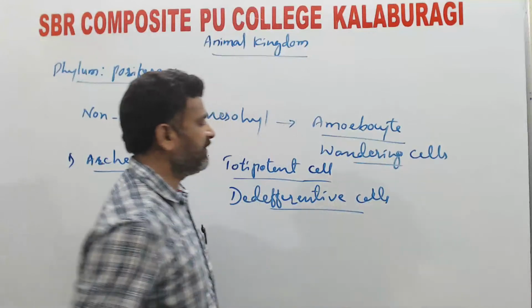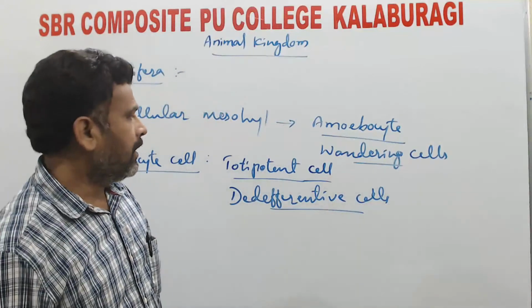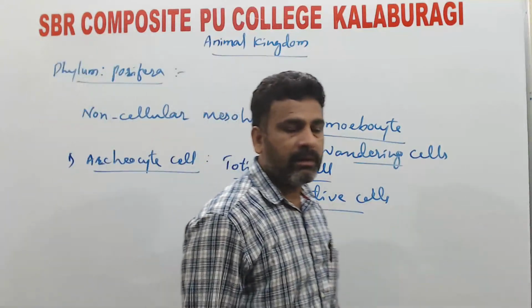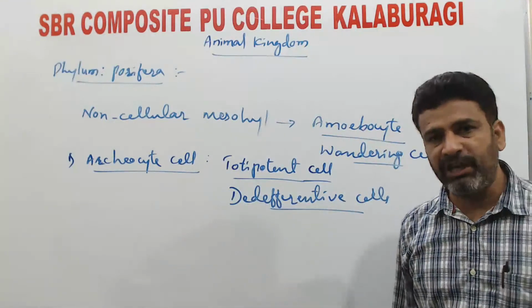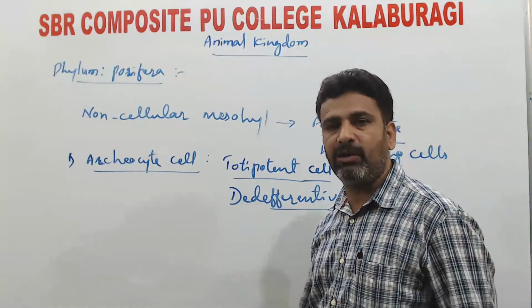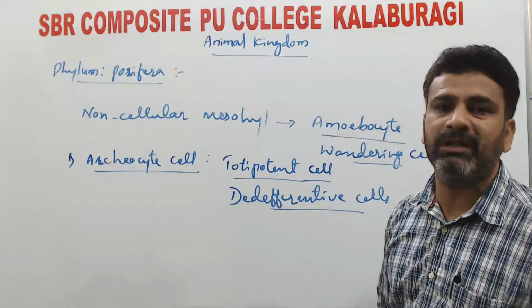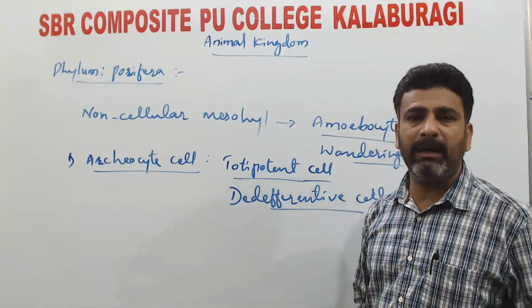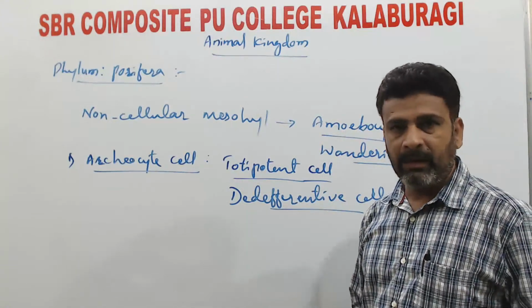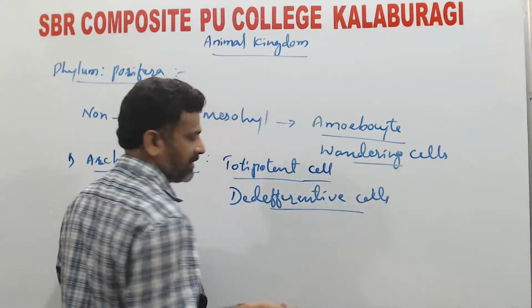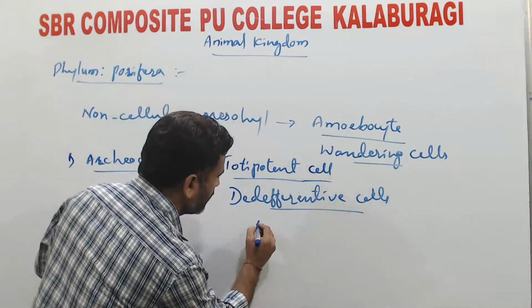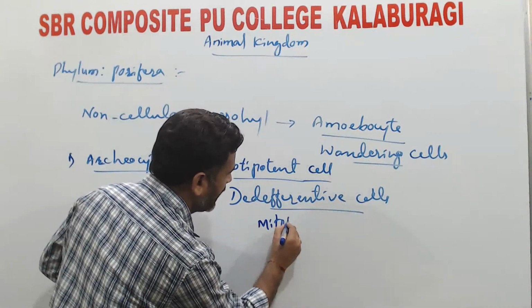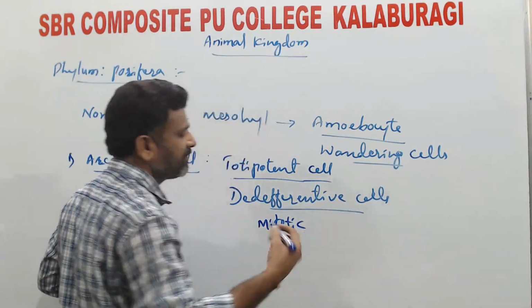What do we mean by dedifferentiative or totipotency? These are cells which continuously undergo a rapid multiplication process. They are also called stem cells. They undergo rapid mitotic division and produce different types of cells.